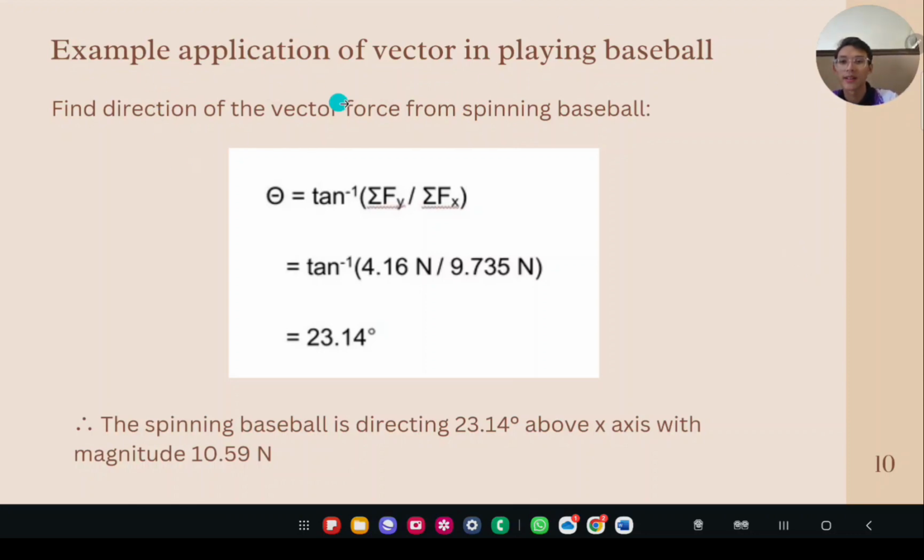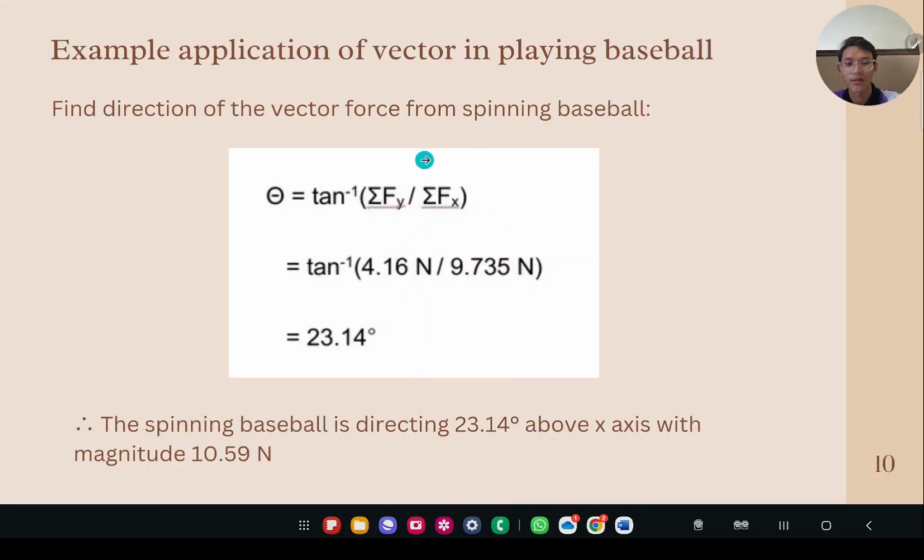Lastly, next, find the direction. We have to find the direction of the vector force from the spinning baseball. Theta equal to tan to the power of -1 multiplied by the sum of Fy over the sum of Fx.